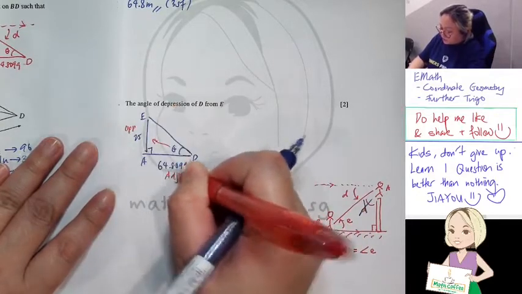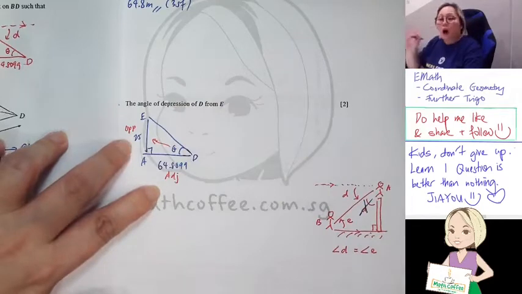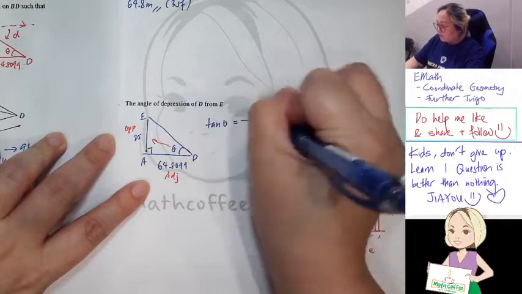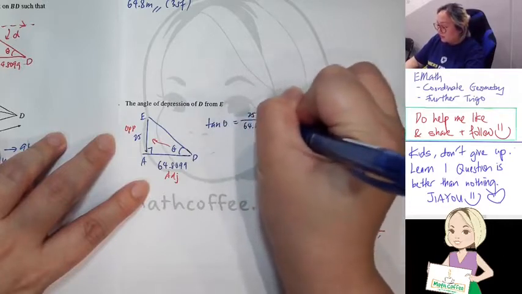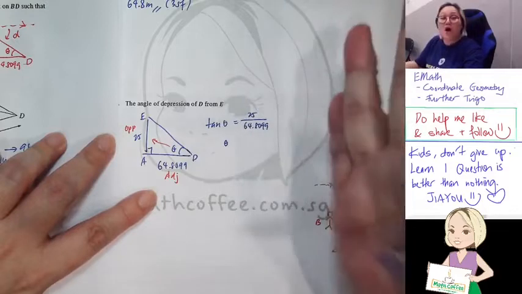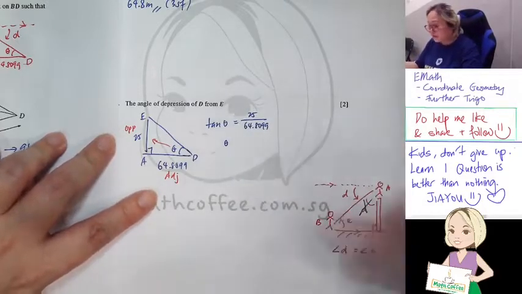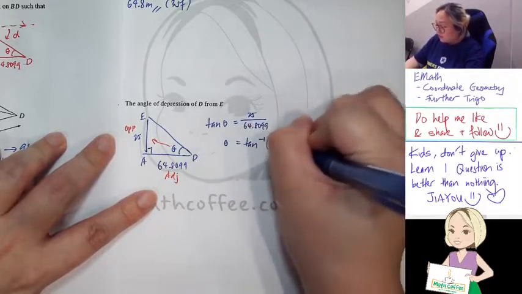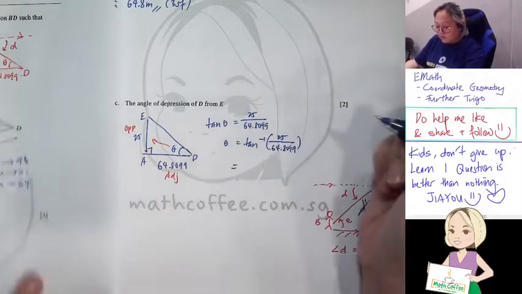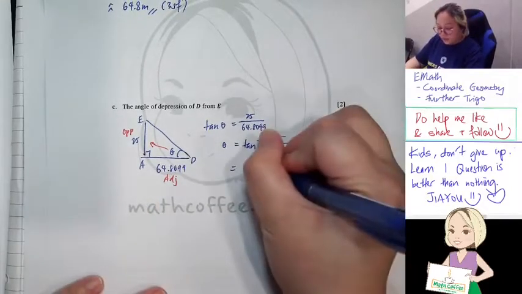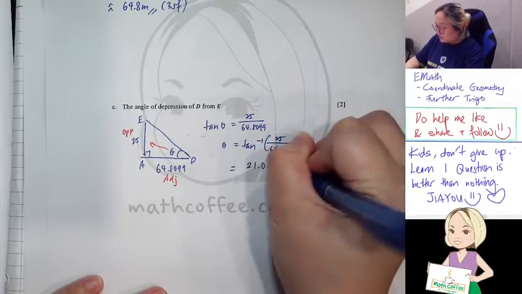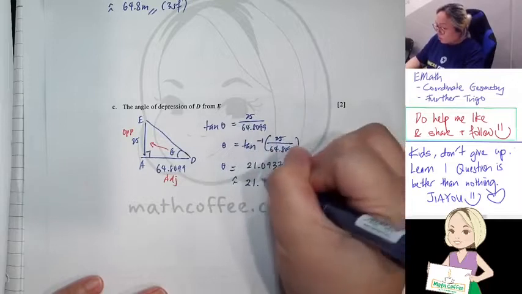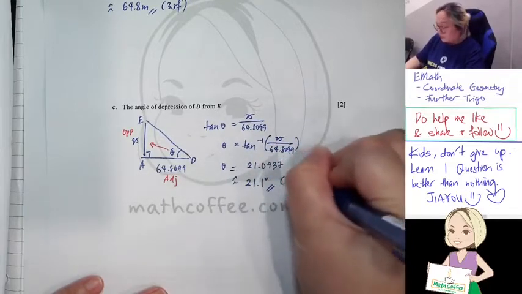This is my adjacent. So tangent theta is equal to 25 over 64.8099. To find the angle of depression or angle of elevation is the same thing. So it's tangent inverse 25 over 64.8099, and that will give us 21.0937. Rounding off to 3SF, I get 21.1 degrees, 1 dp. Okay?